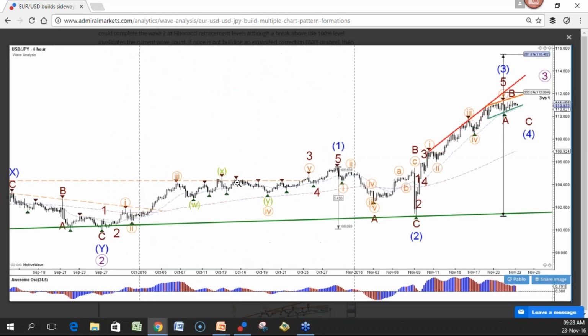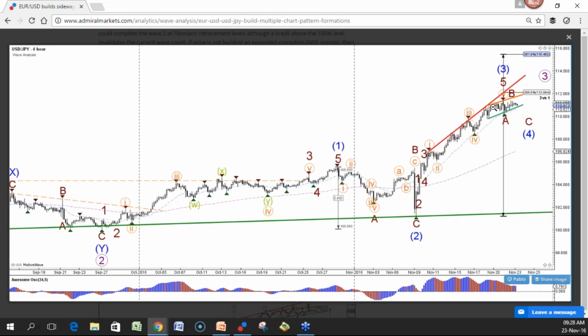Dollar yen. So dollar yen showing a bit of slowing down of the momentum. So I think most likely that the wave 3 is finished. There could be a wave 4 correction. Now that would change if price breaks above this top, breaks above the 200 fib. Well, then it seems like price is still cheerfully moving on and continuing with this uptrend.